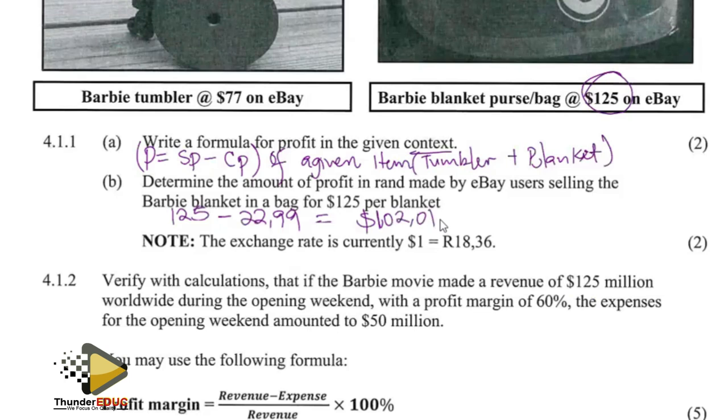These are dollars. Remember they said profit in rands. So we need to change the dollars to rands. What do we do? $1 is equivalent to 18. What we do, we multiply by 18.